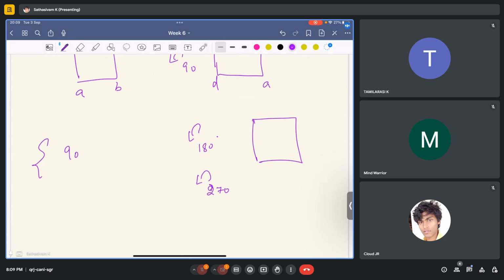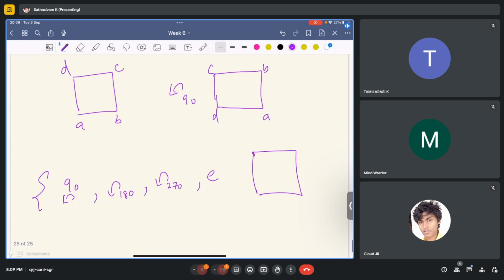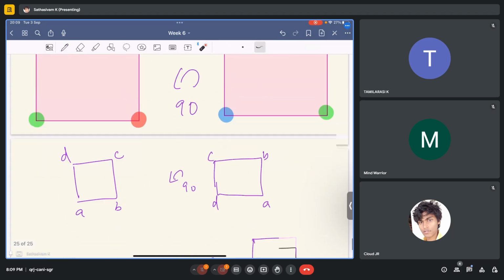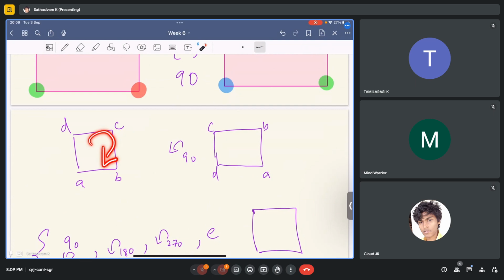Maybe I will just write it here. So I can rotate 90 degrees counterclockwise, I can rotate 180 degrees, I can rotate 270 degrees. And if you rotate 360 degrees, that is actually the same as identity. Similarly, you can check going the other way.